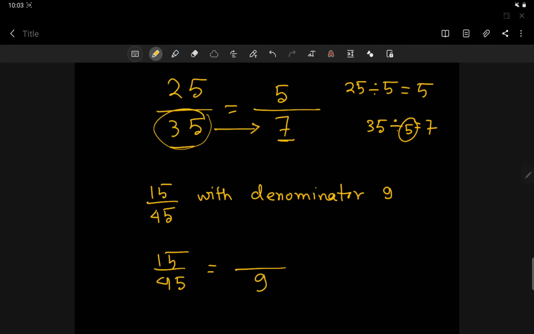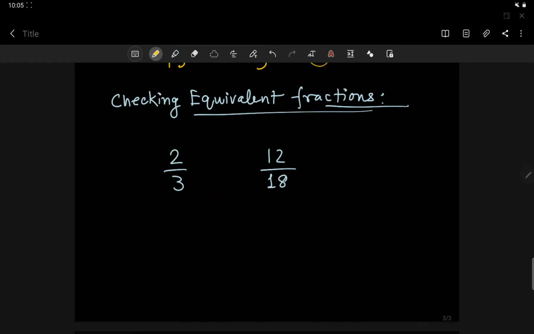How did you find out 9 from 45? You have to divide by 5, then you will get 9. Similarly, in the numerator you have to divide 15 by 5, then you will get 3 by 9. So 3 by 9 is also an equivalent fraction of 15 by 45.